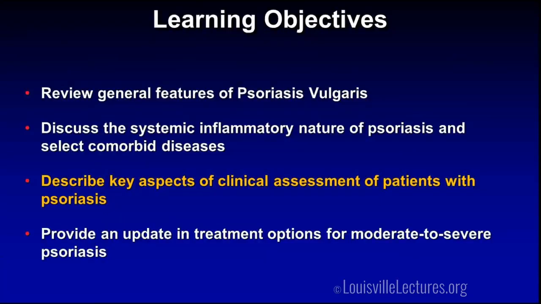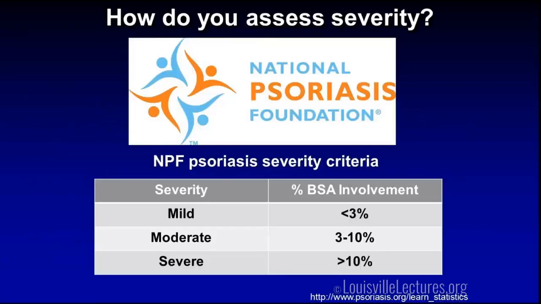Okay, so now that we've talked a little bit about the general features of psoriasis and some of the important comorbid diseases, let's talk about some of the key aspects of what we do when we assess these patients in our clinic. One of the most important things we do as soon as we see these patients is get a sense of the severity of their disease.